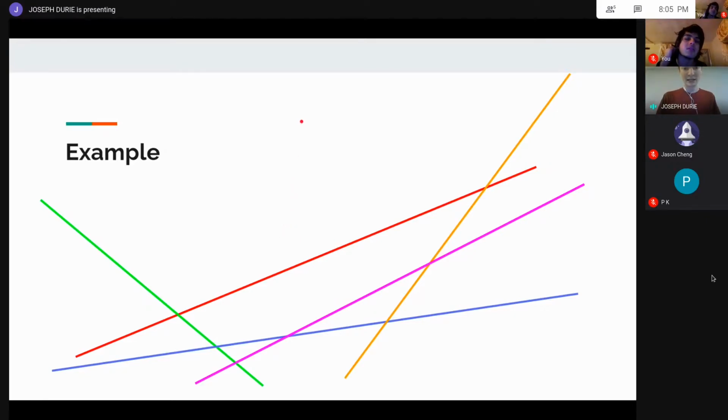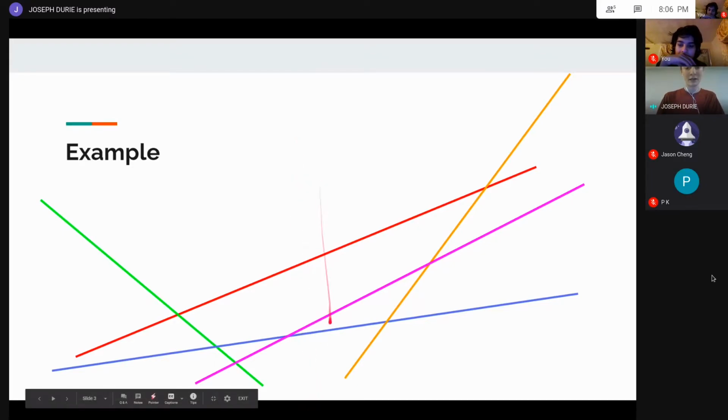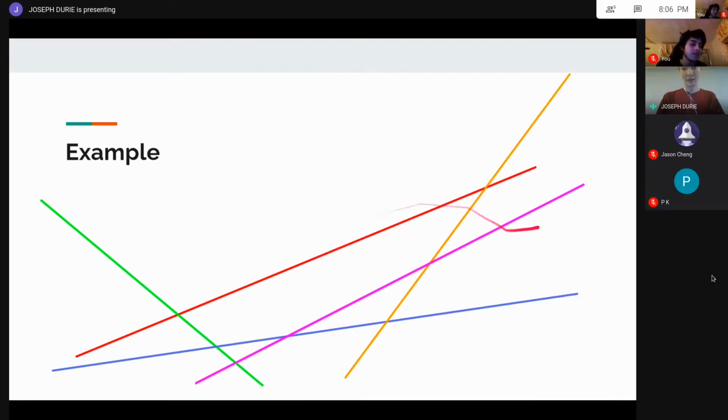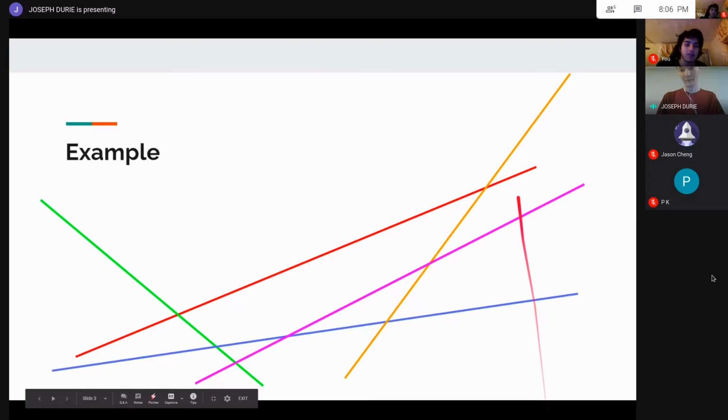And then we can get some query for, say, this x value. What we would return is the point on this line at that x value, because at this x value, that is where your maximum value happens. And we could get a query over here, and then we would return this point on this line. And then if we're over here, we could get a point on the green line.